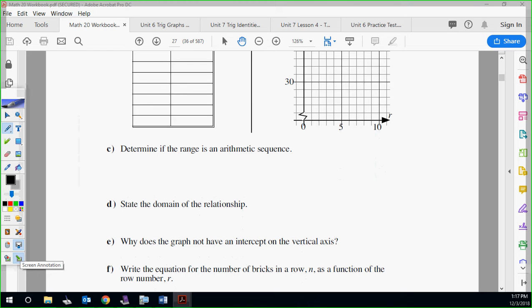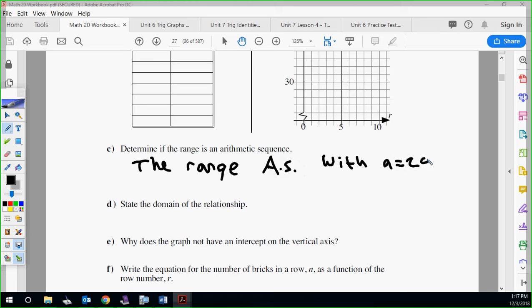Okay, so what you'd say is you have the range. I'm going to put AS for arithmetic sequence. And it has a common difference of 2. State the domain. What's the domain in this set? Yeah, they're whole numbers because rows, right?